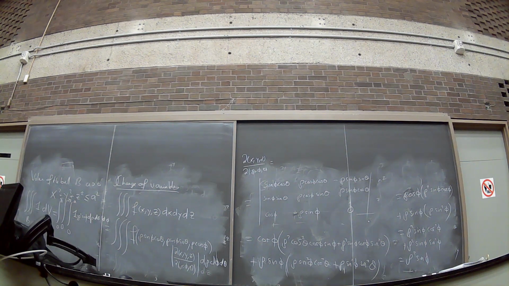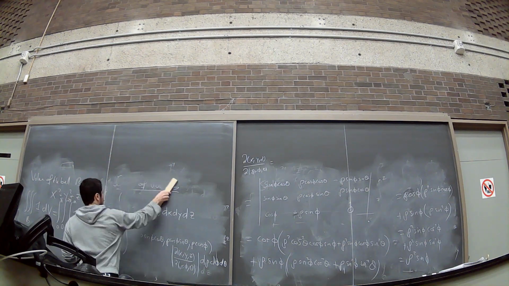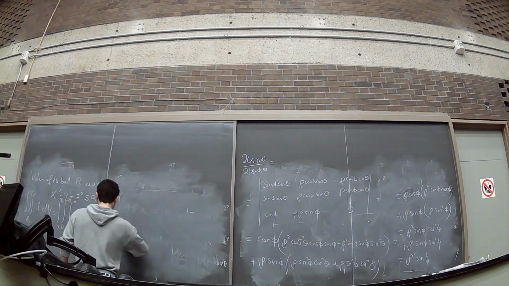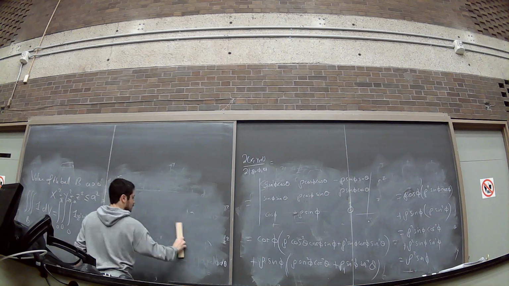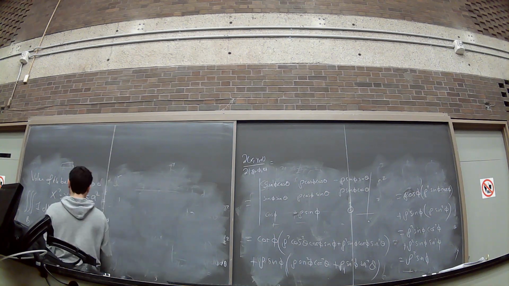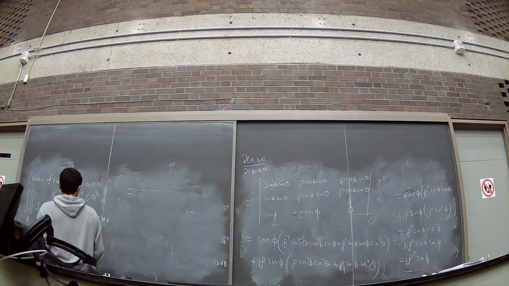And now I can apply Fubini's theorem. I have a product of three functions separately in theta, rho, and phi. So what do you get?